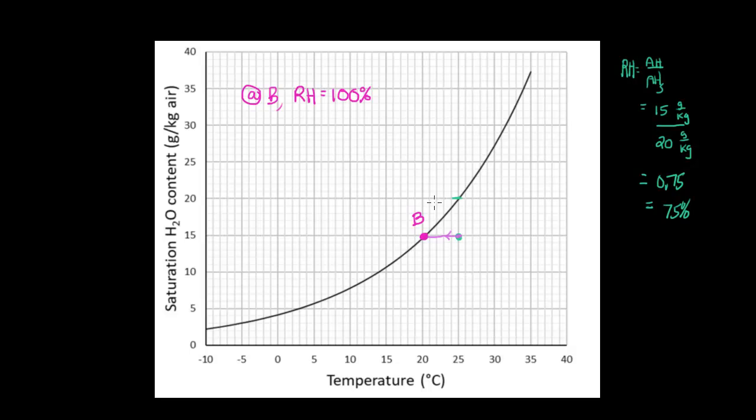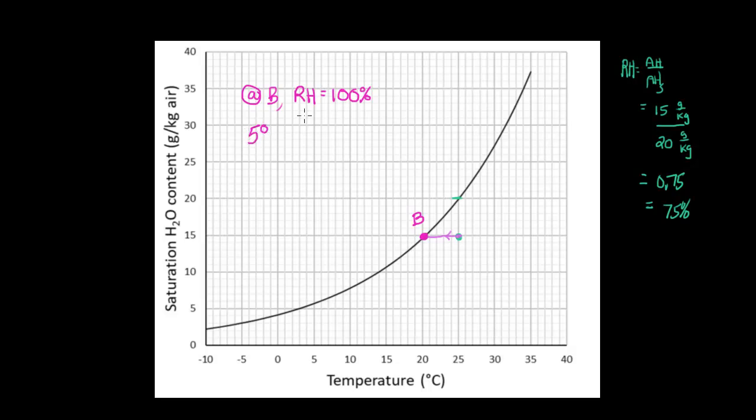Now the question is, at what elevation does this happen? Because the air is going to rise, and eventually this is going to happen, and we need to know the elevation at which that happens so we can continue our problem. Notice that in order to reach that point of saturation, the air mass had to cool by 5 degrees.